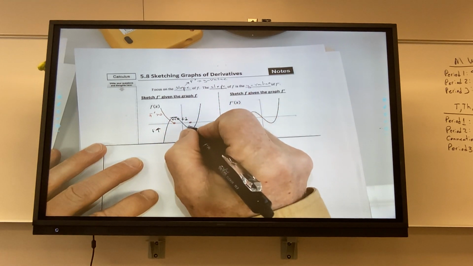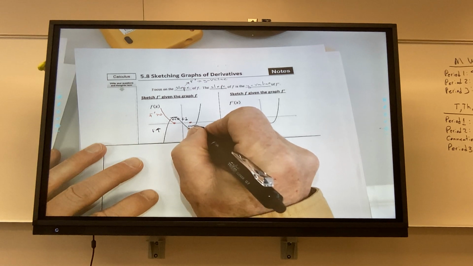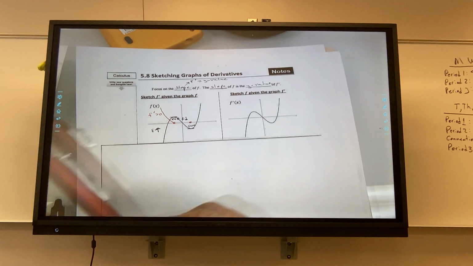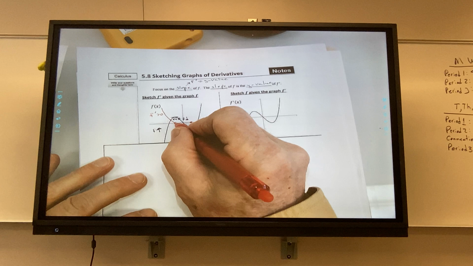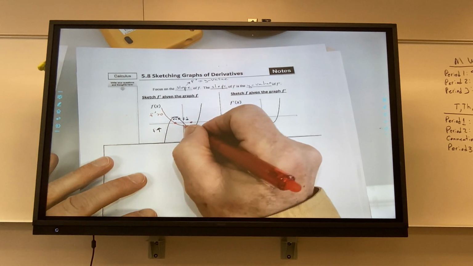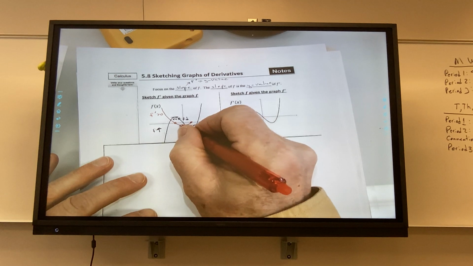And then it's concave up here? That means there's an inflection point. Would you agree? And an inflection point on a derivative is a relative min or max. So there's got to be a turning around point somewhere in here, and it's going to match up with this inflection point. So right here, my derivative.